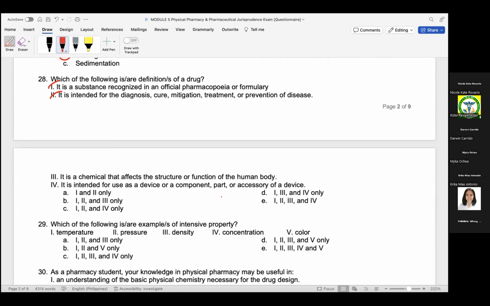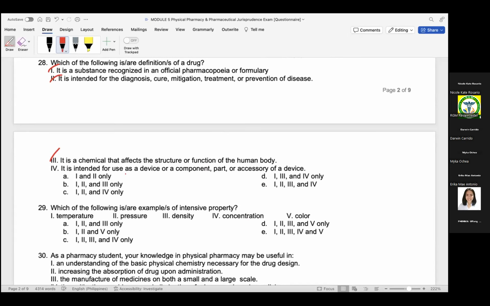Three, it is a chemical that affects the structure or function of the human body. That is also true. Number 4, it is intended for use as a device or component, part, or accessory of a device. It is not intended as a device. So 1, 2, and 3 only. Letter B. The correct answer in number 28 is letter B.